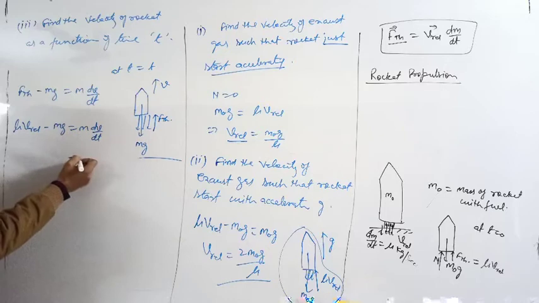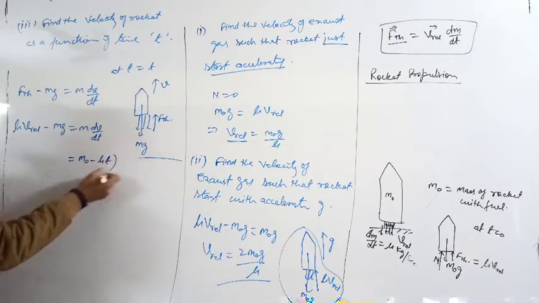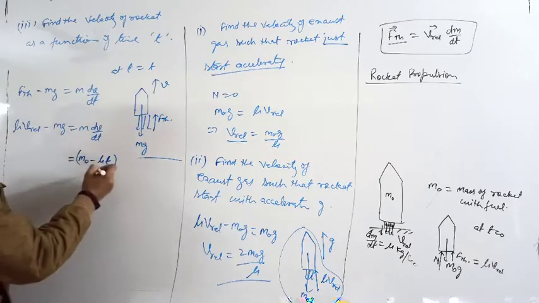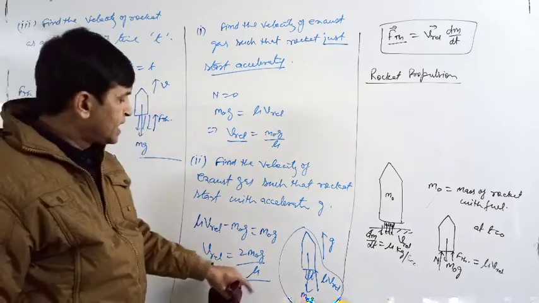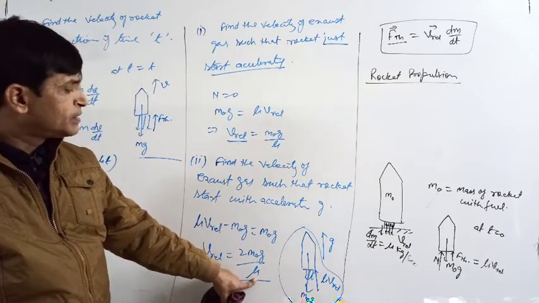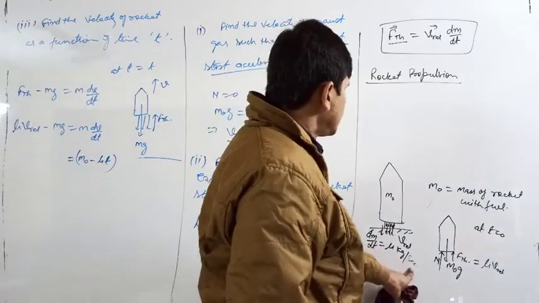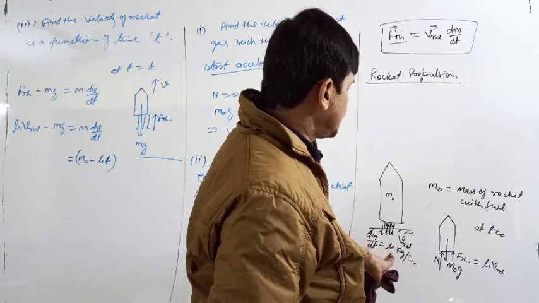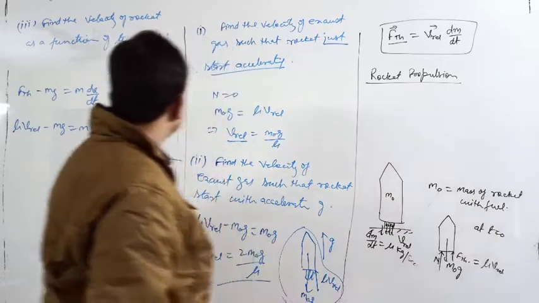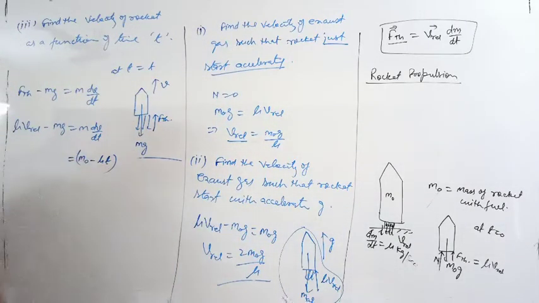So this m value will be m naught minus mu into t. Because after time t, some mass has been burned out, and mass is burning at the rate of mu kg per second. So in t seconds, how much mass will burn? Mu into t. So how much mass is left over here? That will be only m naught minus mu t.